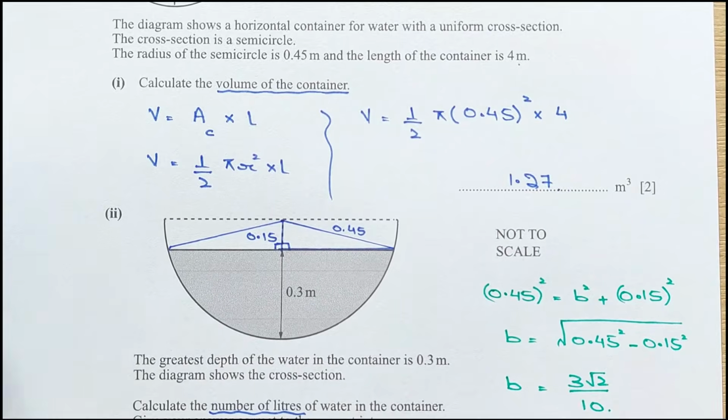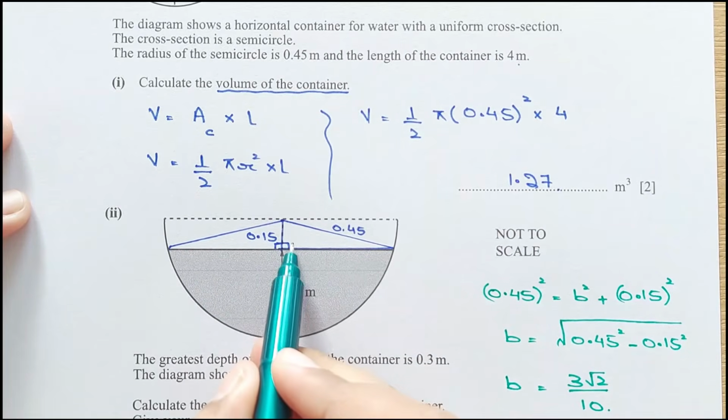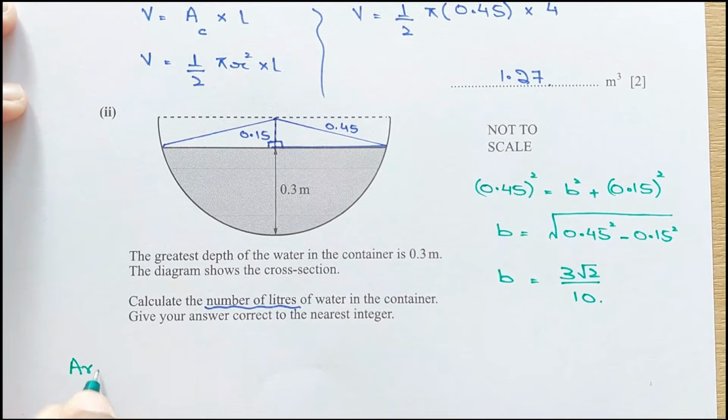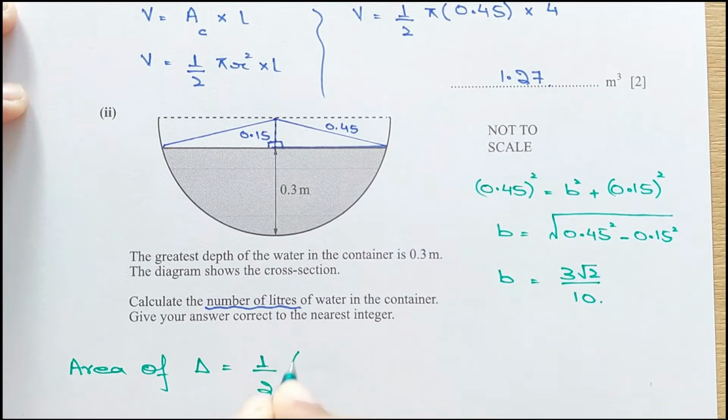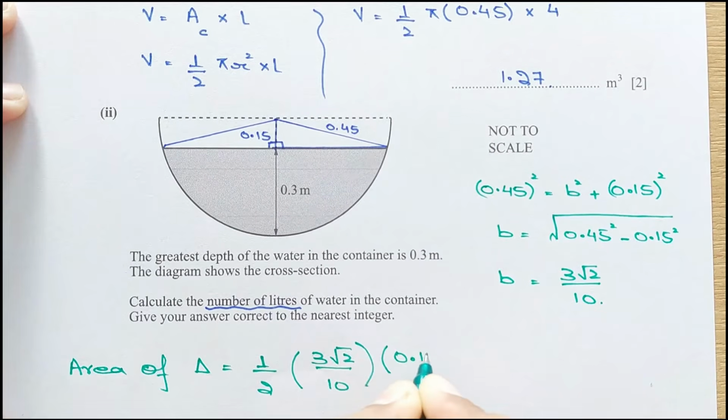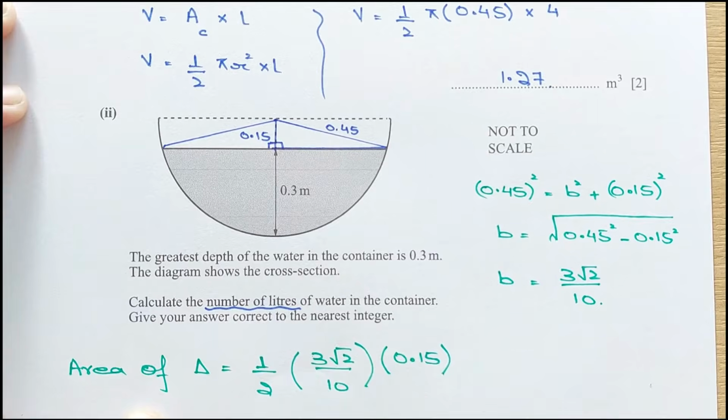Now we have the base. We can easily find the area of this triangle, that is half base times height, right? So the area of the triangle is half, the base is 3 square root of 2 divided by 10, times the height, that is 0.15, right? And as you can see, there are two triangles, so we have to multiply it by 2.